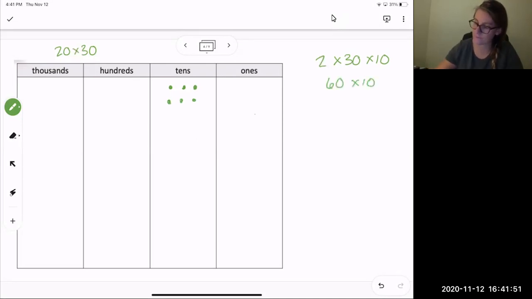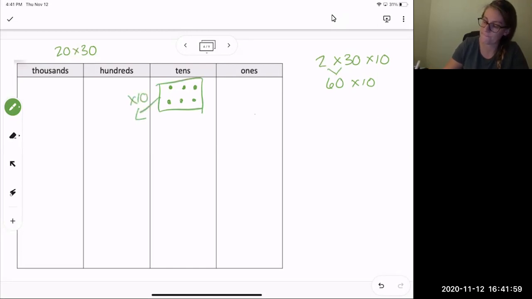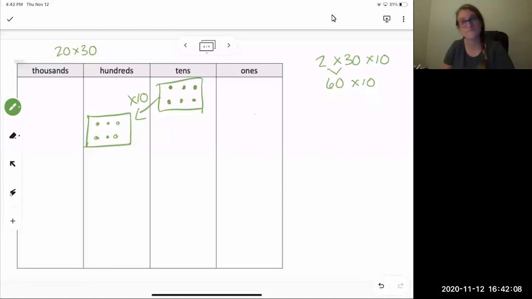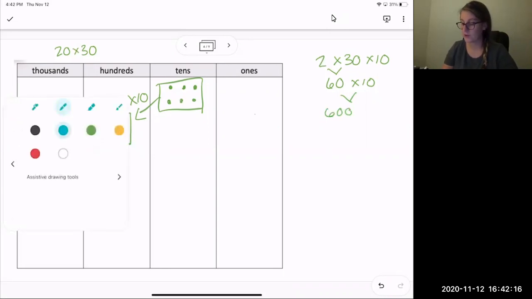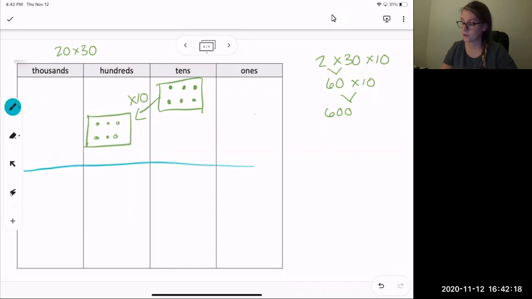So we're multiplying those first. Then we can take this and multiply it by 10, which gives us 600. Now I want you on your own to work this one out.